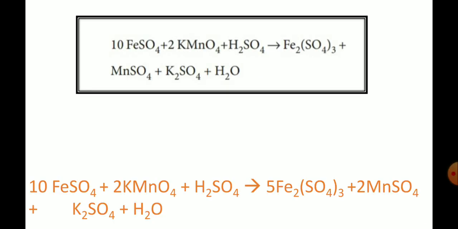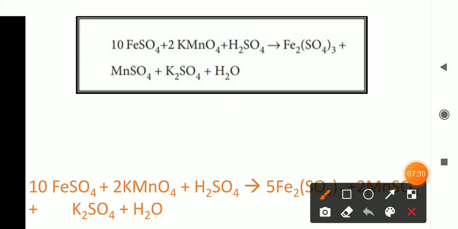Okay, look here, the given equation is 10 FeSO4 plus 2 KMnO4 plus H2SO4 gives Fe2(SO4)3 plus MnSO4 plus K2SO4 plus H2O. Count the number of iron atoms in the reactant side. We have 10 iron atoms in the reactant side, but in the product side we have only 2 iron atoms.